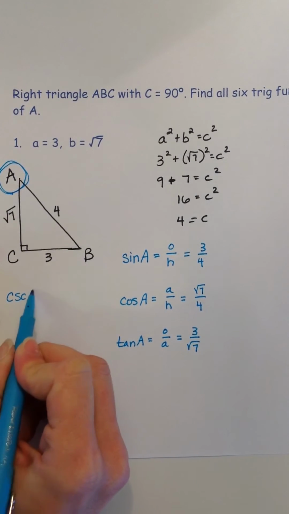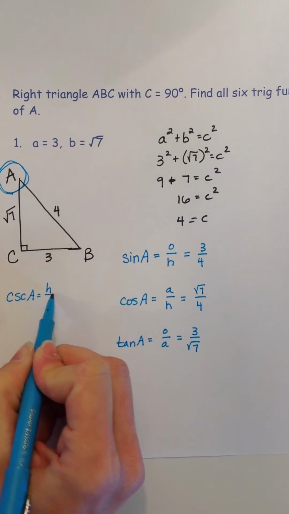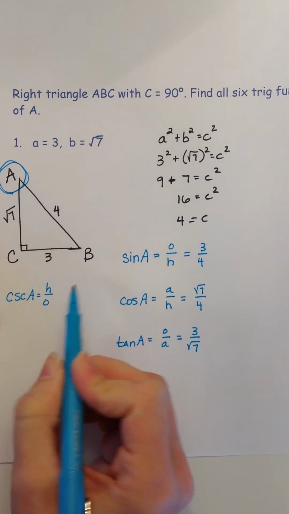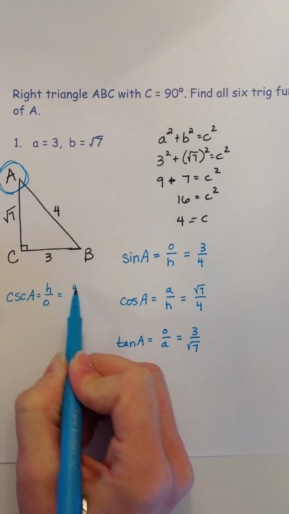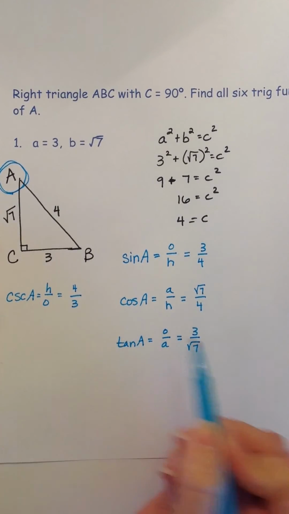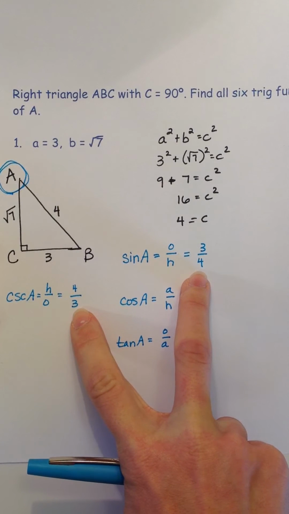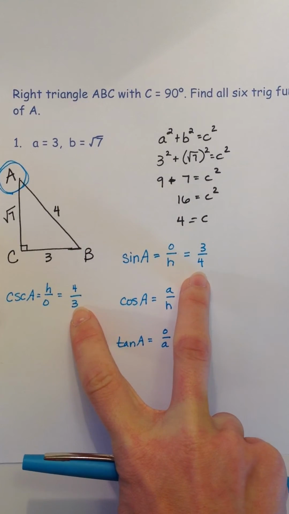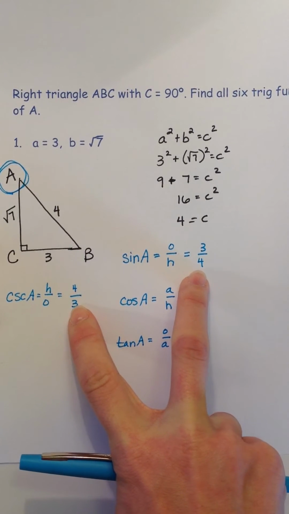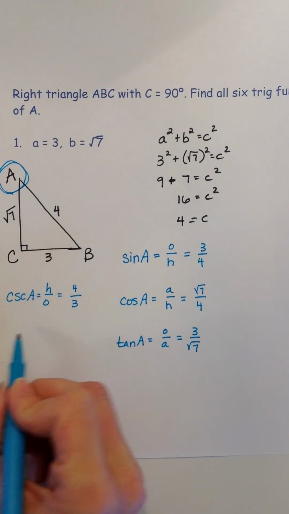Okay, now I'll scoot over here. So cosecant is hypotenuse over opposite. So that would be 4 over 3. Of course, as we talked about, sine and cosecant are reciprocals, so you could check your answer there and make sure they are reciprocals of each other.